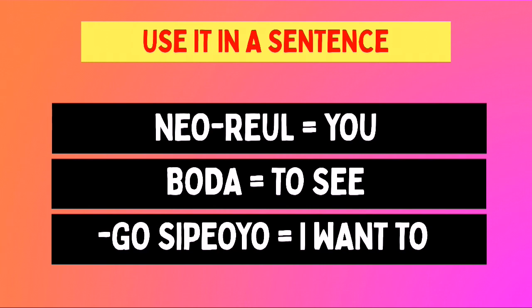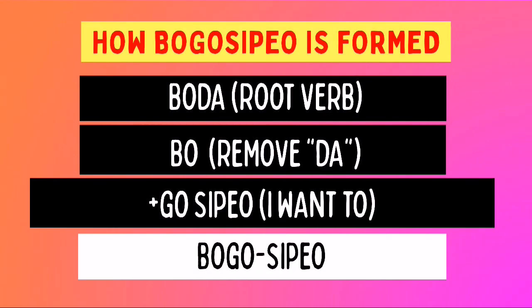The next part of the sentence is 보다, which means to see, and 고 싶어요, which means I want to. And these two combined will result into 보고 싶어요. How is 보고 싶어요 formed? First of all, remember that 보다 is a root verb, meaning it could be transformed into other forms. If we wanted to say, I want to see, then we would need to add 고 싶어.